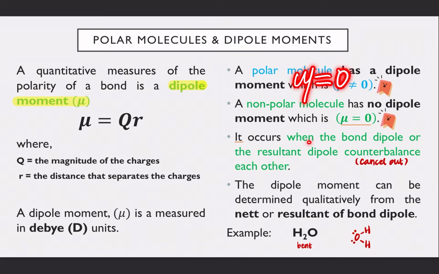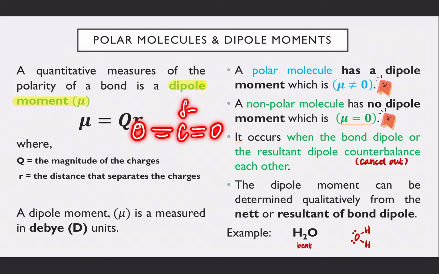Okay? So when does your mu equal 0? It occurs when the bond dipole or resultant dipole counterbalance or cancel out each other. So that means, let's say if you have carbon dioxide, it is a linear molecule. If you put here your partial charges, you know that oxygen is more electronegative than carbon, and the next step you will draw your bond dipole, from partially positive to partially negative.